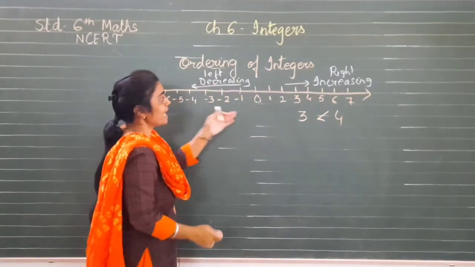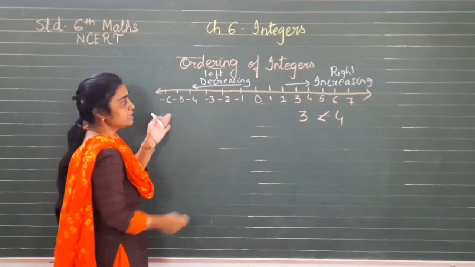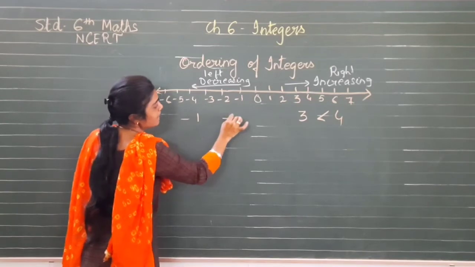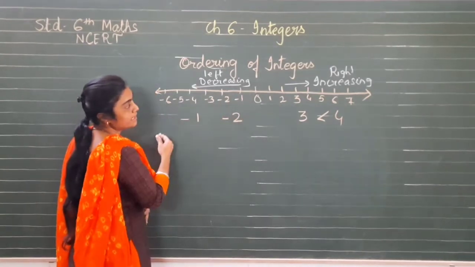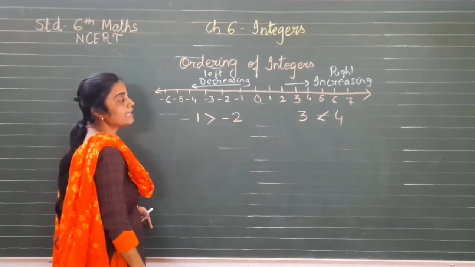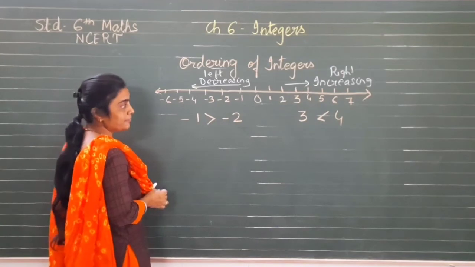Now over here, as you go towards the left side of 0, the numbers go on decreasing. And if you want to compare which number is greater, minus 1 or minus 2, it goes on decreasing. That means minus 1 will be greater than minus 2 as you move towards the left-hand side.